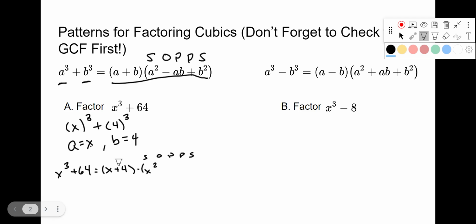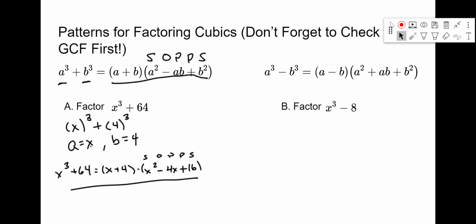Opposite sign, so instead of plus, we're going to use minus. Product, so a times b is 4x, plus square. Take b and square it, you get 16. This is the correct answer. It's all done.